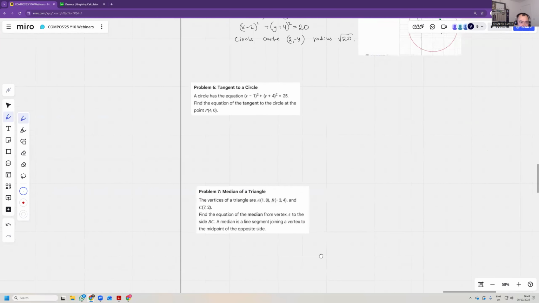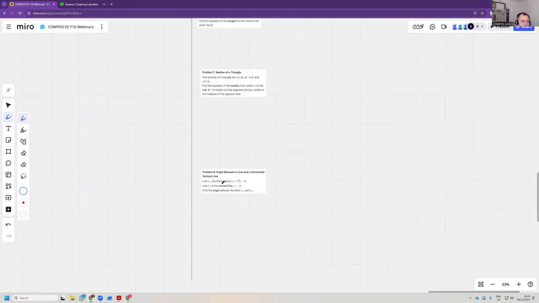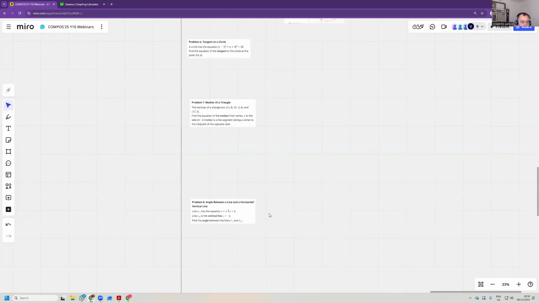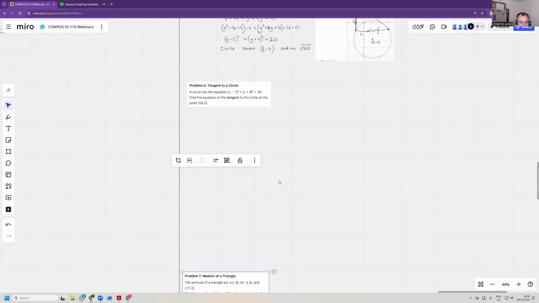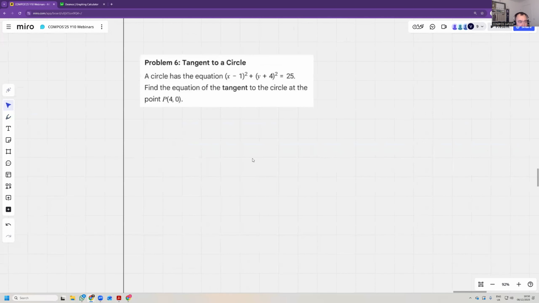Okay, the next one, tangent to a circle. So we've got 3 questions left. Lovely. Looking to finish by 7:15. Tangent to a circle. So a circle has this equation, and find the equation of a tangent to the circle at the point 4, 0. I see. Okay.